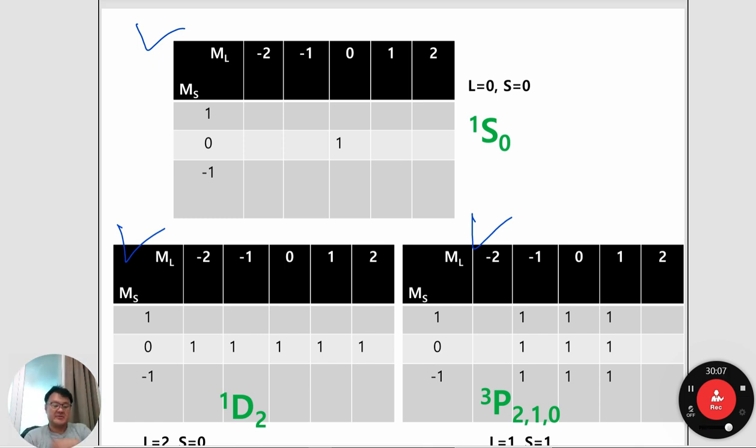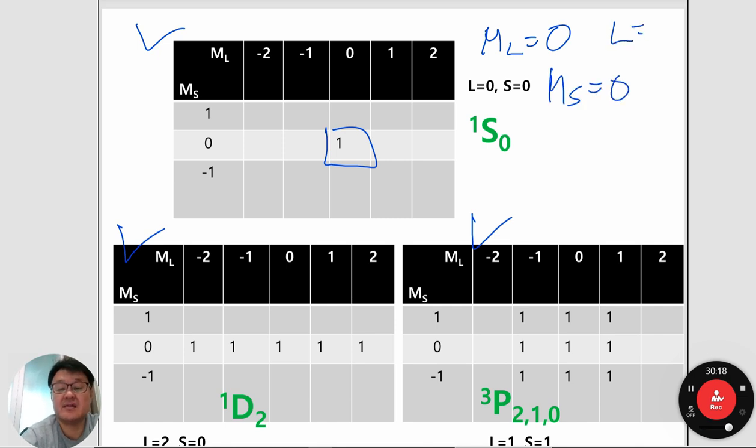Now, here the ml value is 0, ms is 0, so L is 0, S is 0.